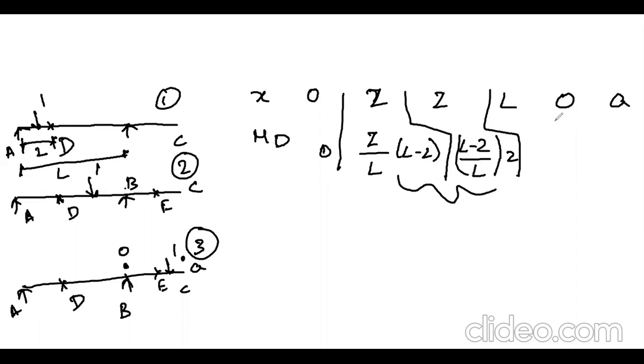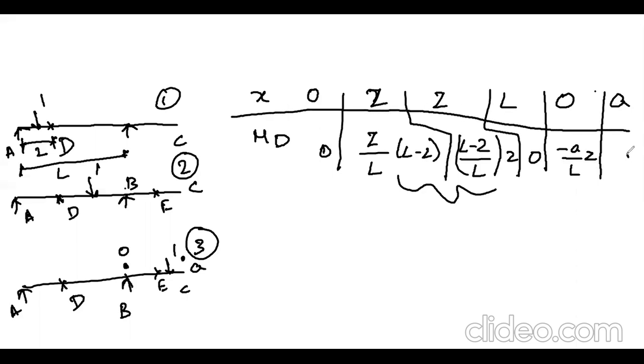When it is equal to L, the value of MD will become 0. When it is 0, the value is minus A by L into Z. When the X value is equal to A, the value is equal to 0. You can see that these two values are same because we have found this for the same position.